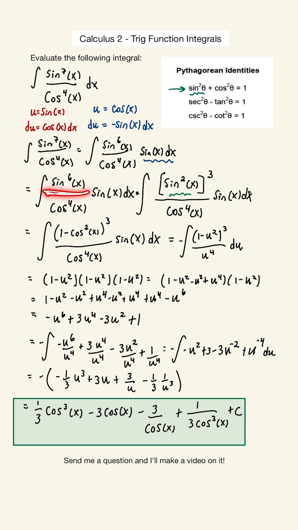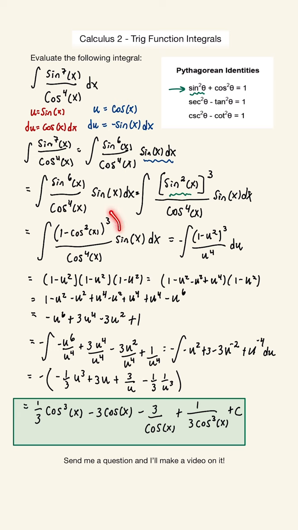Let's rewrite this sine to the 6th of x as sine squared of x, cubed, and now we can use a trig identity, because the trig identity that links sine squared and cosine squared is here. We plug in that trig identity, replacing this sine squared of x with 1 minus cosine squared of x.